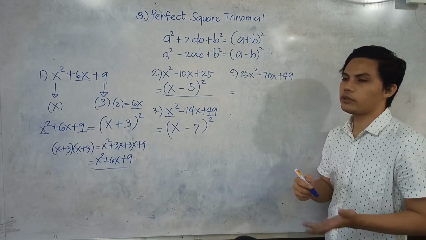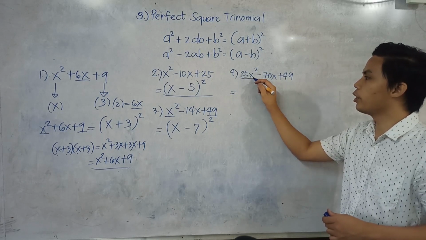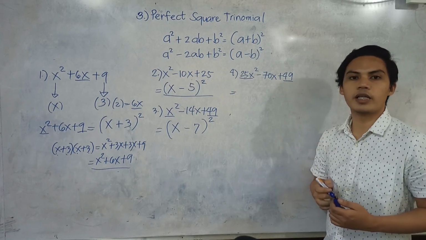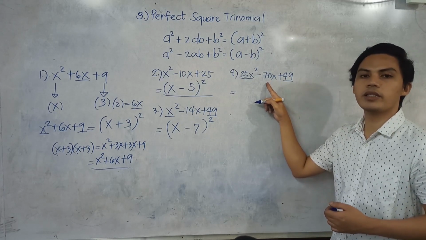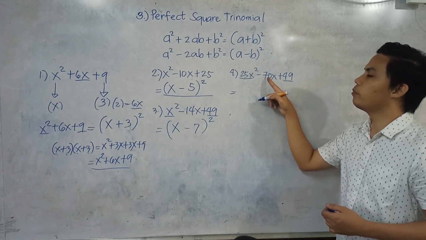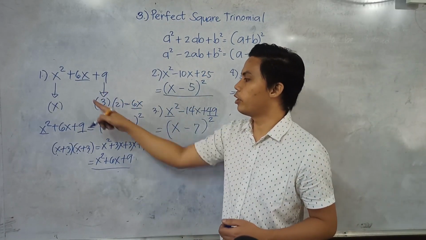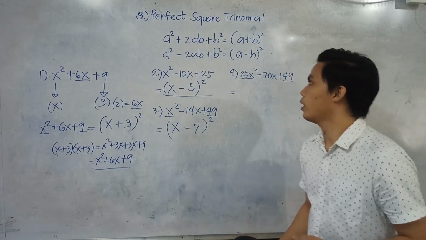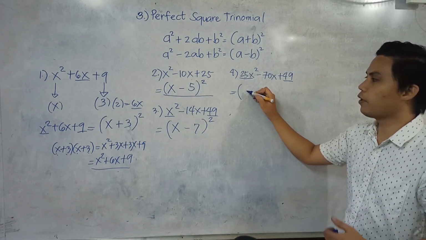So same pa rin yung concept, walang nagbago. Kukunin lang natin yung square root ng first term, then square root ng last term. Then yung sign sa gitna is depende kung ano yung sign ng middle term. Kung middle term natin is negative, negative din yung ilalagay natin. Kung positive naman yung middle term, positive din yung ilalagay natin. Okay, so what's the square root of 25? That is 5.